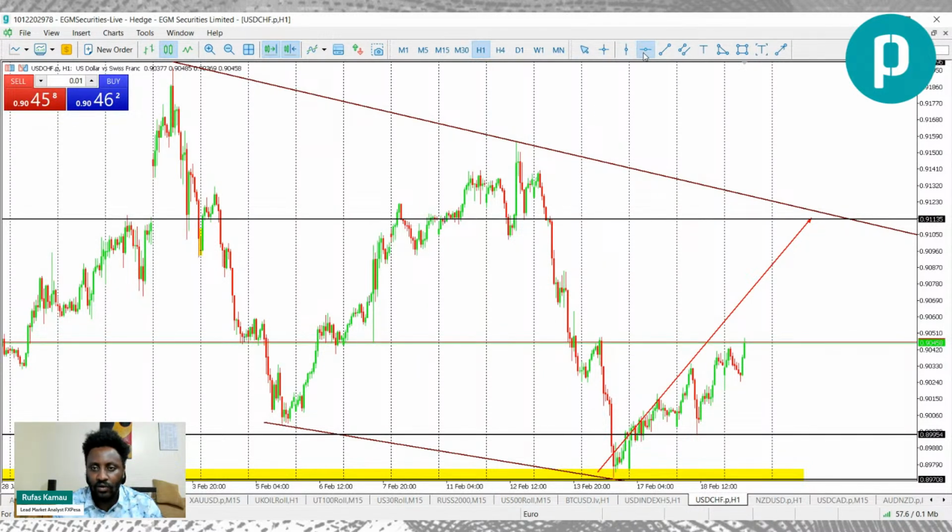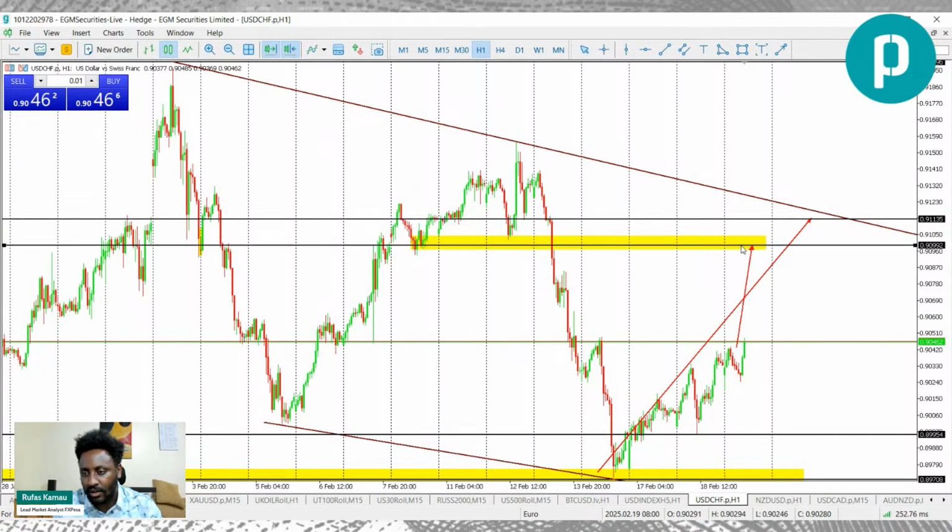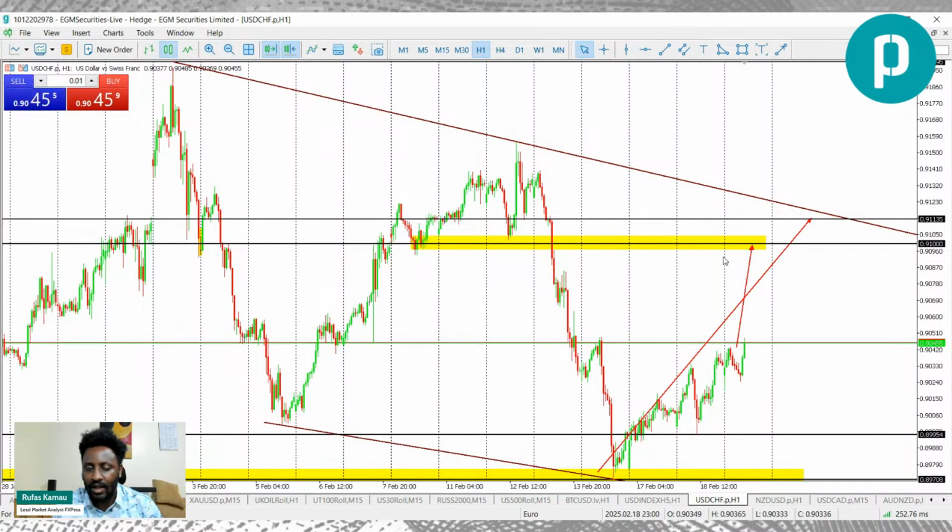If you look at these areas here, this bottom versus this bottom marked an area that was acting as support, which could potentially turn into a resistance area. So we could be seeing a potential run to this price action level, and this is around 0.91. Yes, this is the 0.91 price level for the USD CHF currency pair.